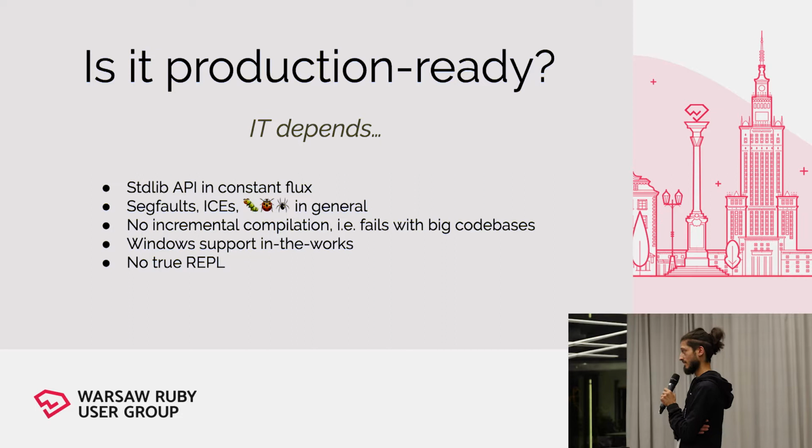Because, well, yes, the standard library API is in constant flux, and it really does change from version to version in the basic stuff. Recently, for instance, there was a big change renaming a very well-known method, Time.now, I'm sorry.